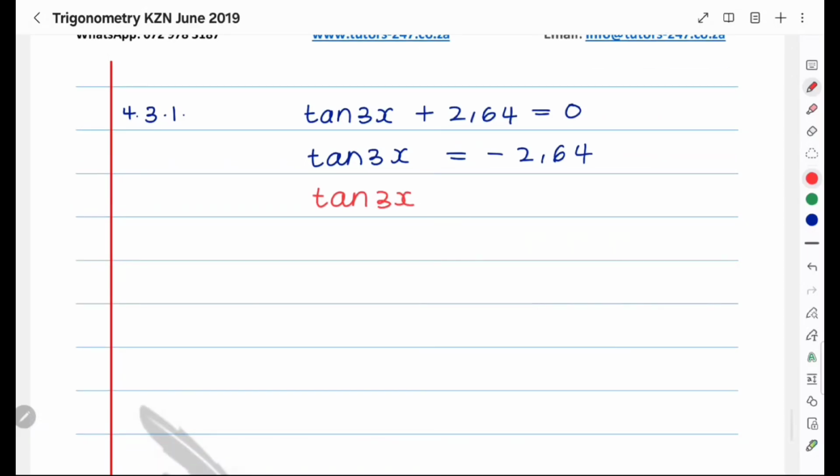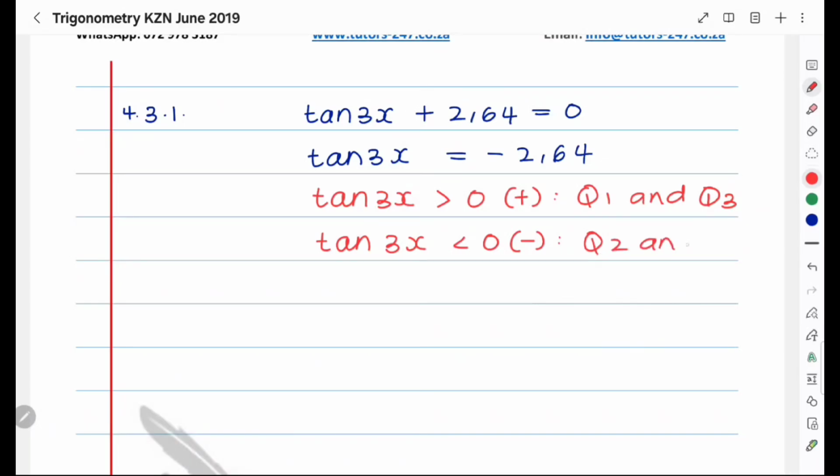So please take note what was mentioned earlier. If tan 3x is positive, we are going to use quadrants 1 and 3. But if tan 3x is equal to something negative, we are going to use quadrants 2 and 4. Now, as you can see, we have a negative answer for tan.